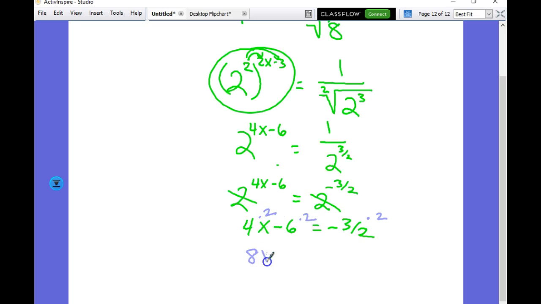So this is going to end up being 8x minus 12 is equal to negative 3. And that way you don't have the denominator anymore. But if you have another strategy you want to use to solve it, that's fine. Just make sure it works, right? So that was just a mean and tortuous problem, but hey.